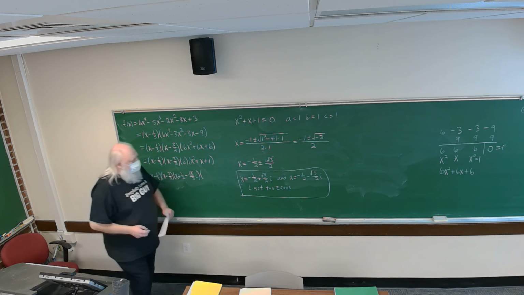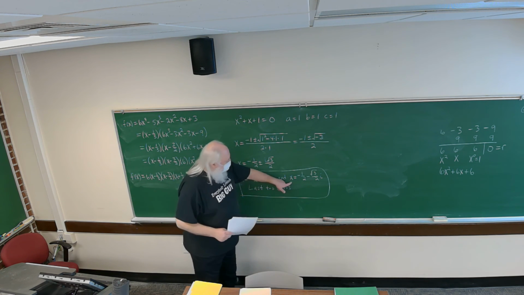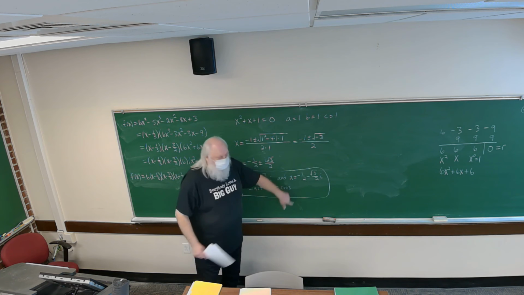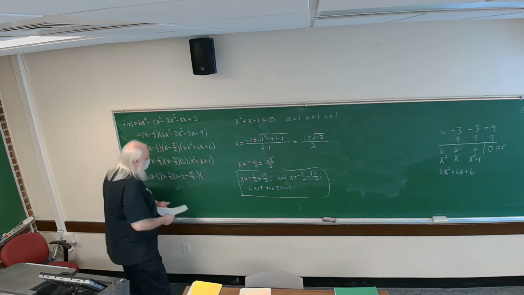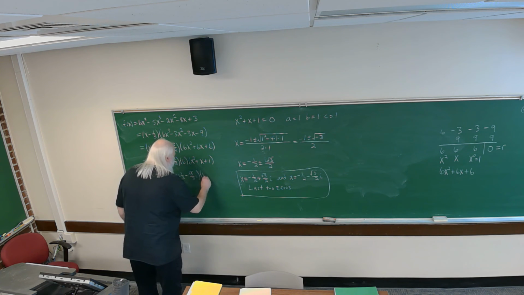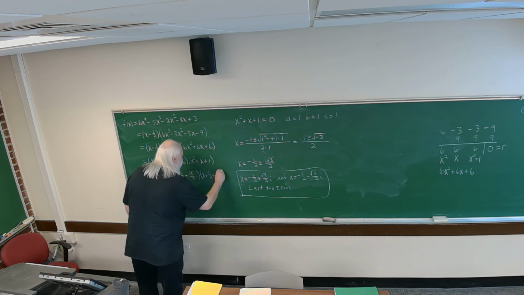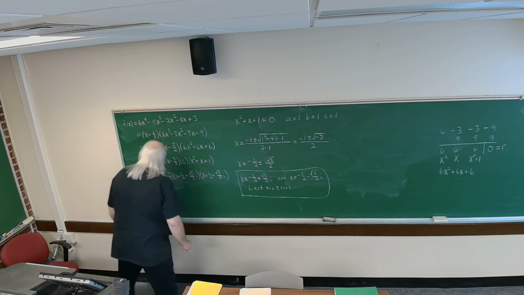And then for the second factor, I add 1/2 and add square root of 3 over 2i: x plus 1/2 plus square root of 3 over 2i.